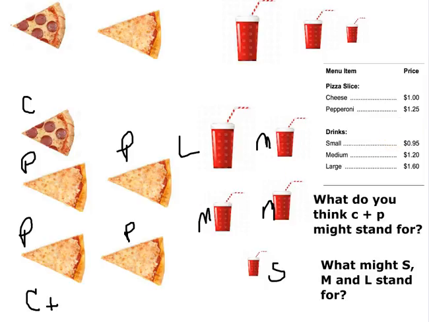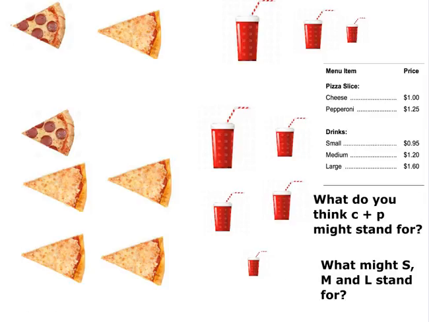I just realized something. I'm sure many of you already caught on to this. This is a P, and this is a C, and a C, and a C, and a C. This I had correct. L, M, M, M, and S.